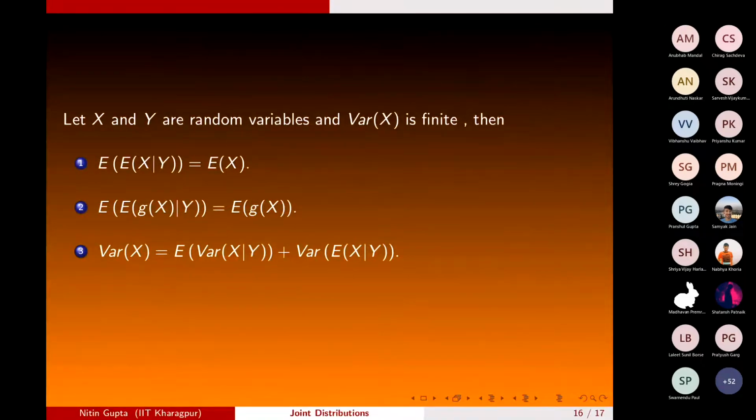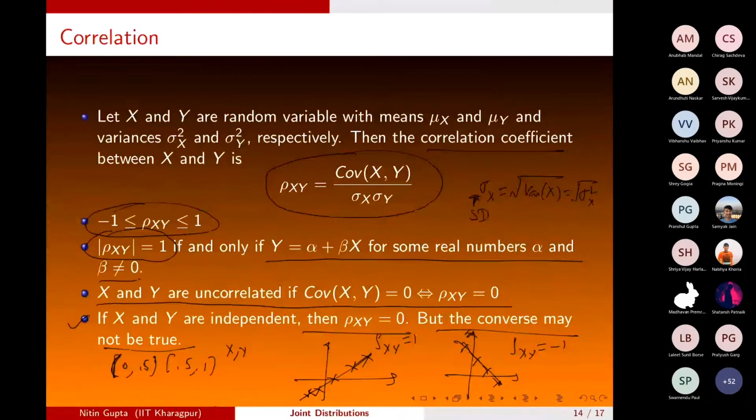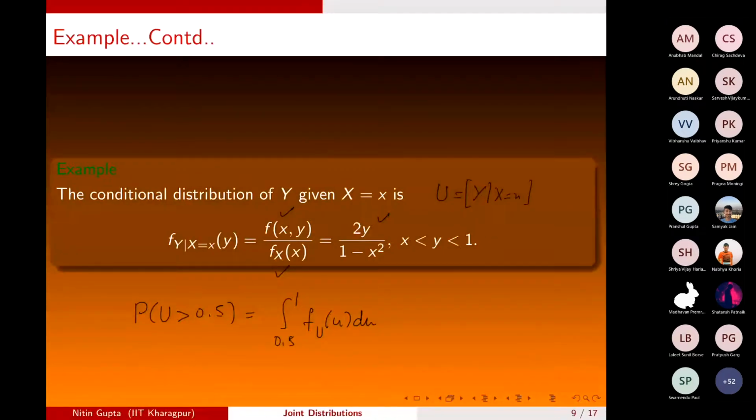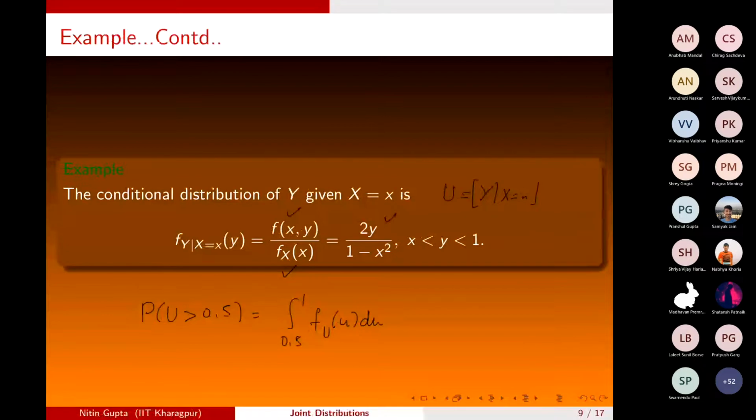Okay, so last time we started with the joint distribution. Now we know the conditional distribution also, we have defined. So we can find out basically the conditional distribution of y given x is equal to small x.